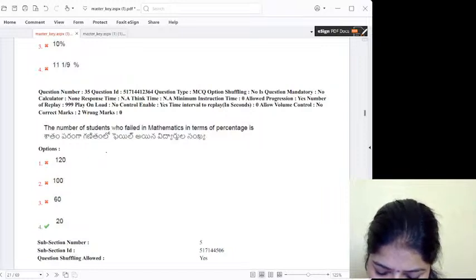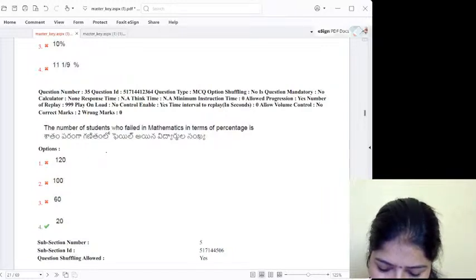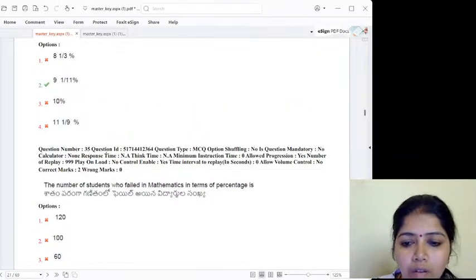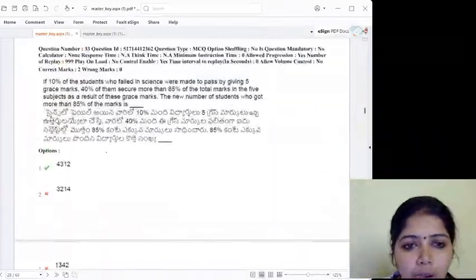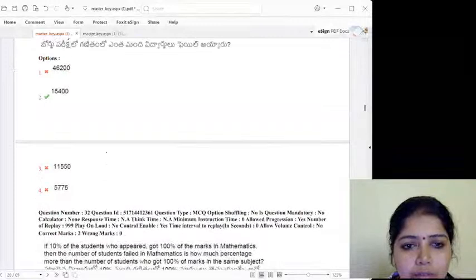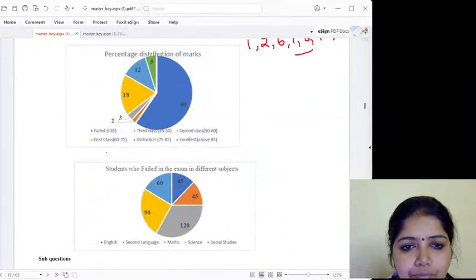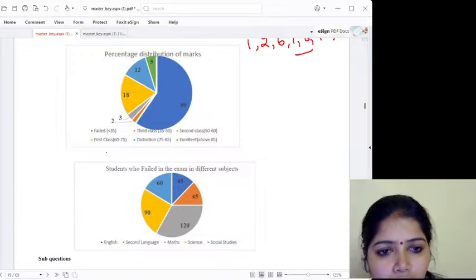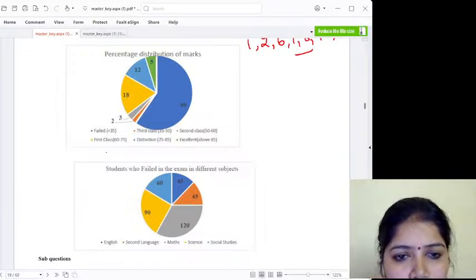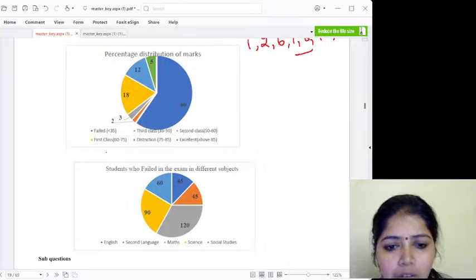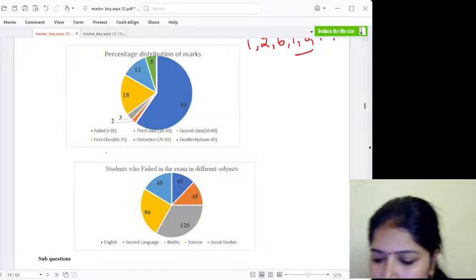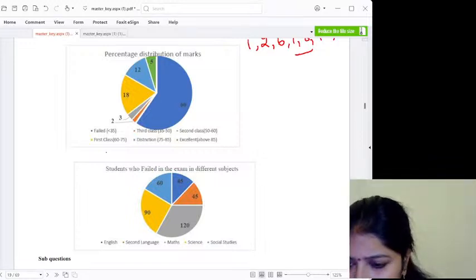And 60, 2, 3, 18, 12, 5 percent distribution of marks. Color failed. Failed in exams, mathematics. They asked for the 34th question.